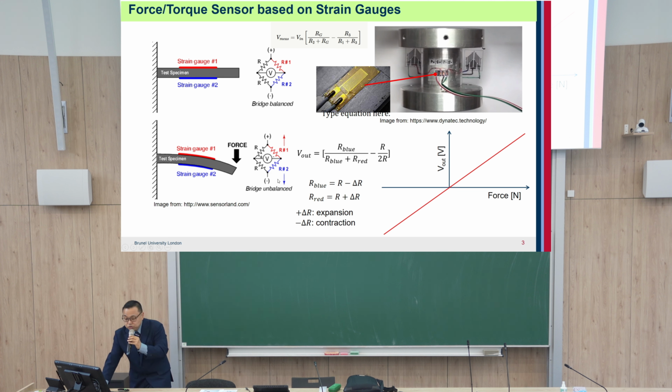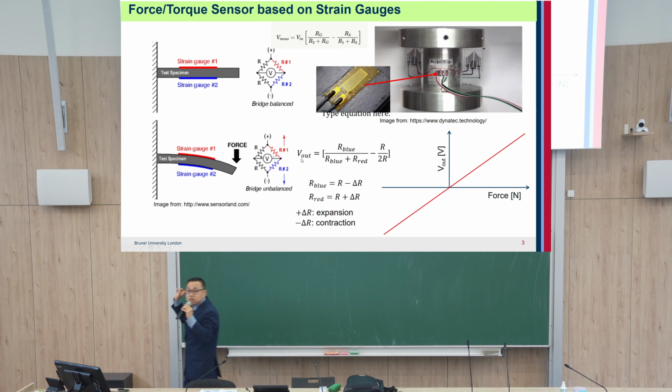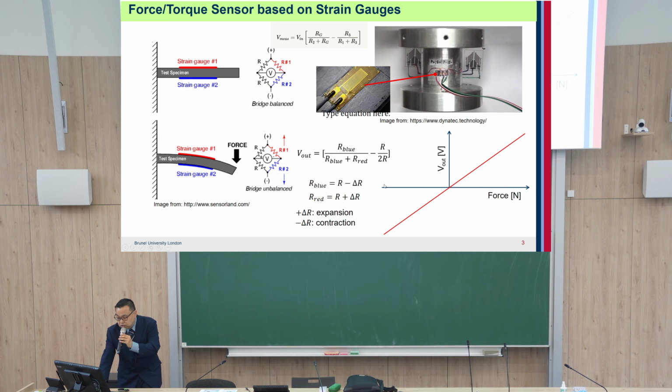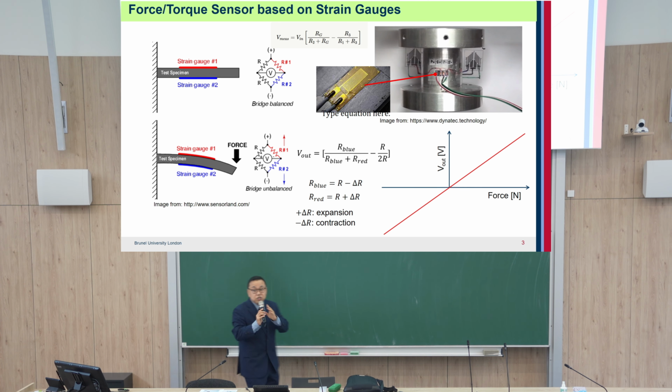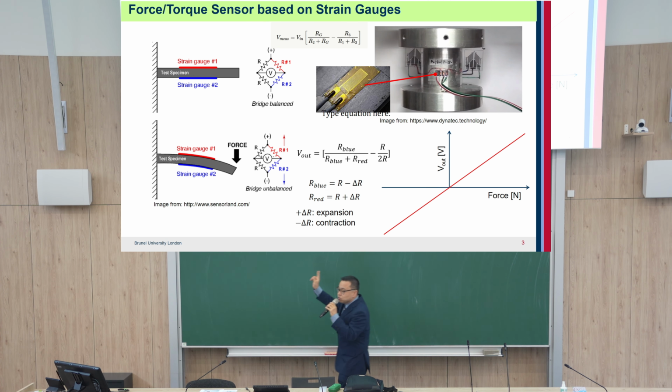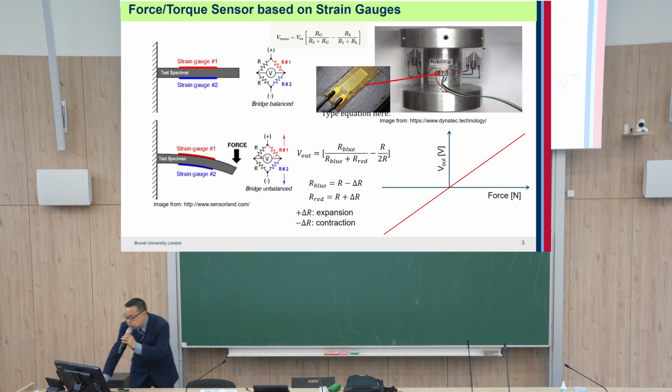This is like a bridge circuit, and we can get a voltage output from these two strain gauges. As we increase the force, the voltage output increases proportionally. From this principle, once we know the voltage output, we can find how much external force was applied. You understand what I'm saying?